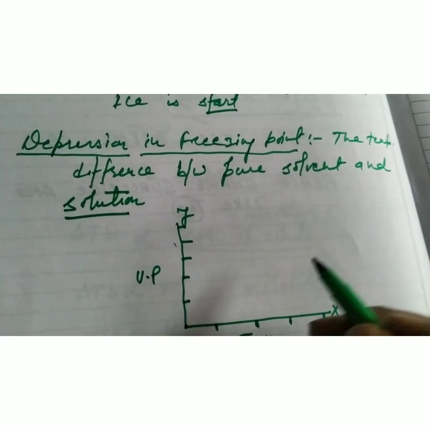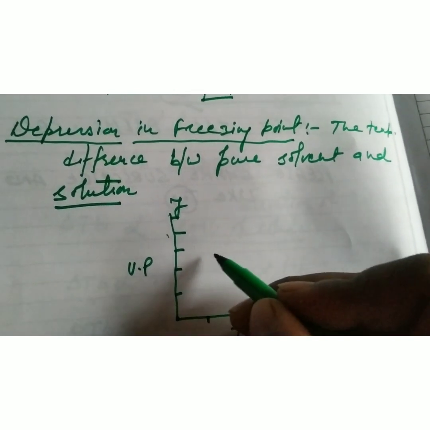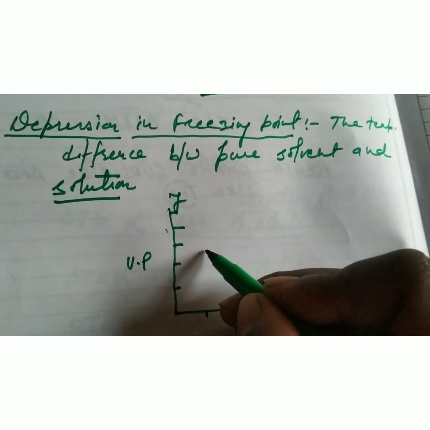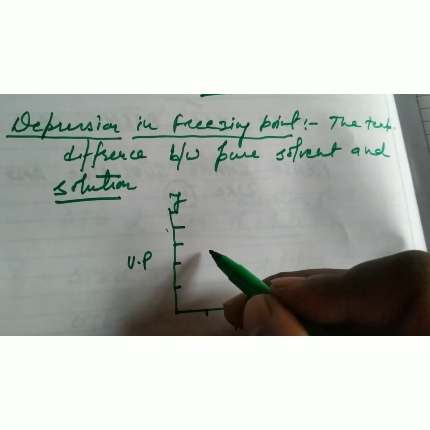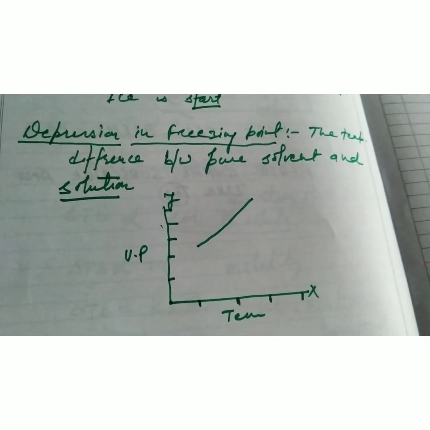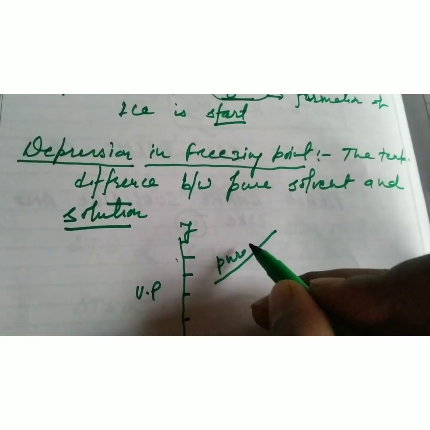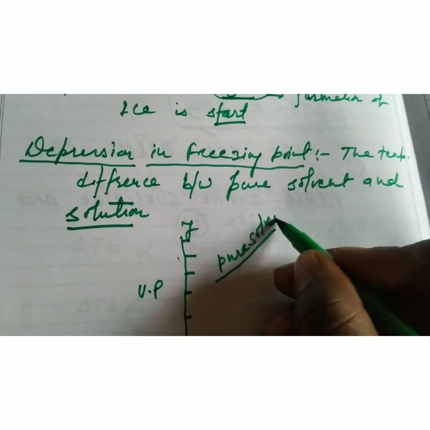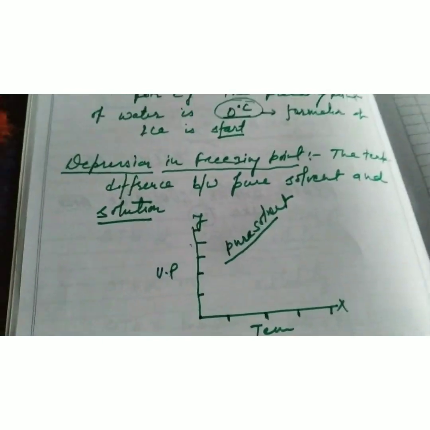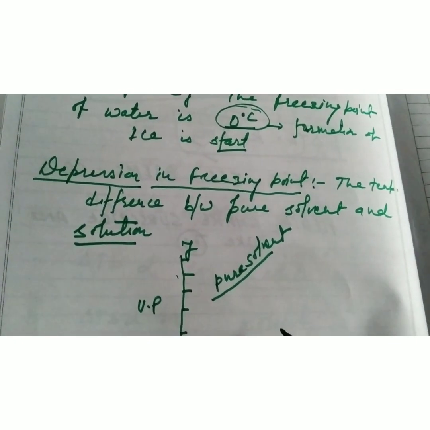So first plot a graph of the pure solvent. Suppose this is the graph for pure solvent. Clear? Now plot a graph of solution.